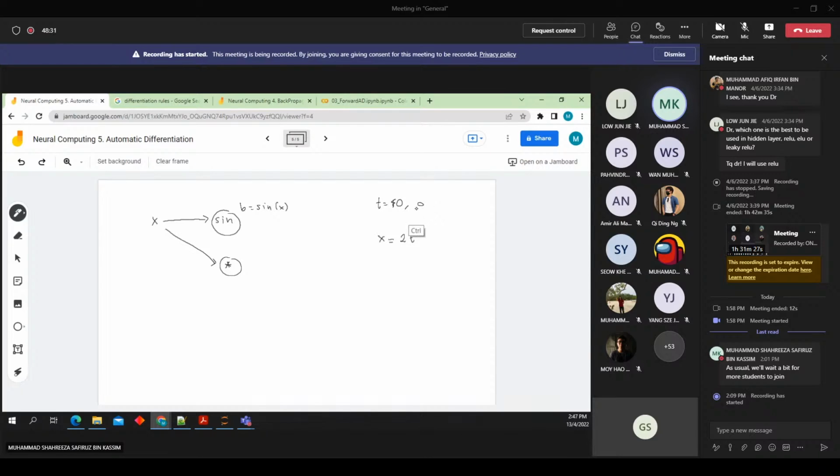You need to give some values to it because in Python, it doesn't understand symbols, unless of course you're using SymPy, then the story is different.